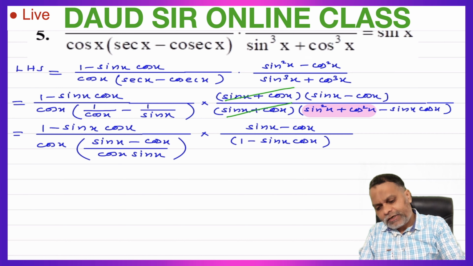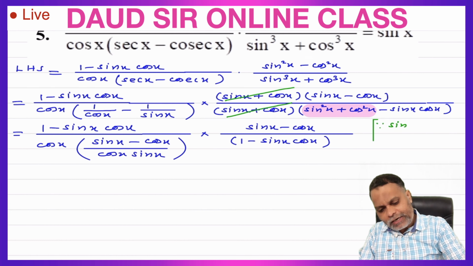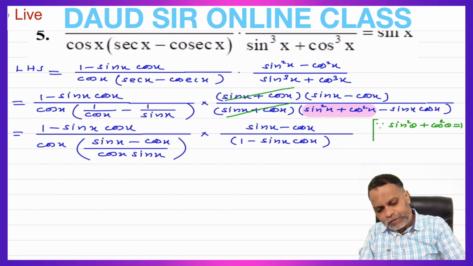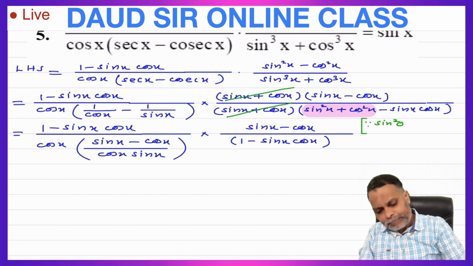Here we applied the trigonometrical identity, sin square theta plus cos square theta is equal to 1.